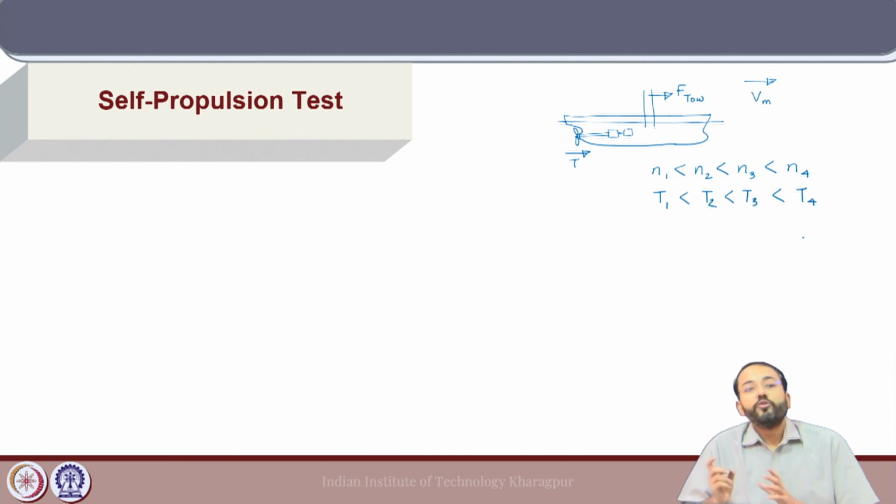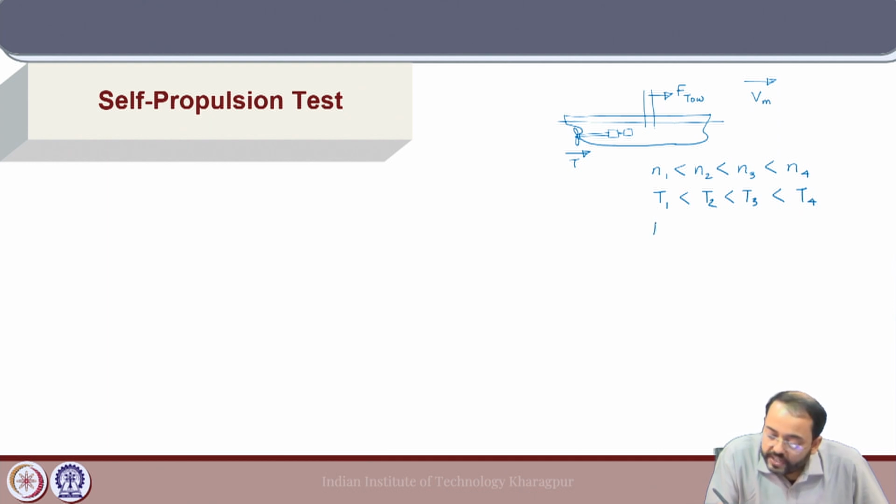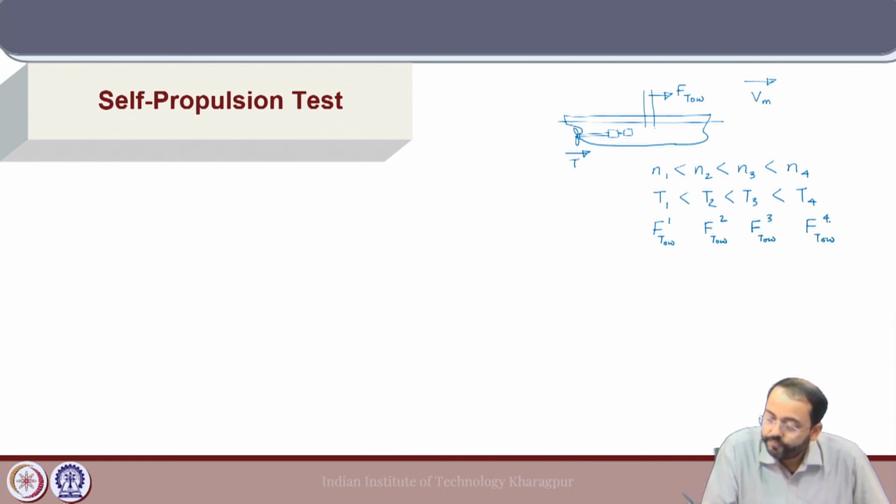Similarly, the tow force which is exerted from the carriage on the model to tow the model at a specific speed should gradually decrease. Let us say F tow 1, F tow 2, F tow 3 and F tow 4.